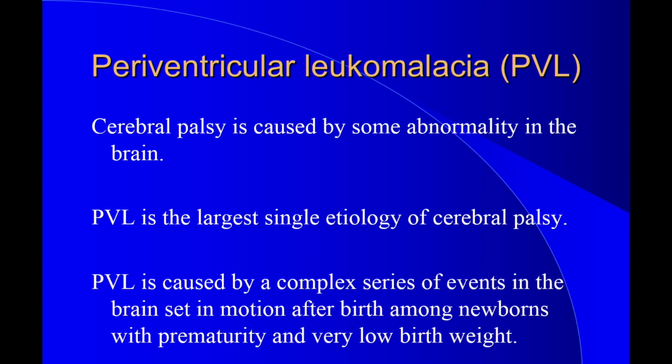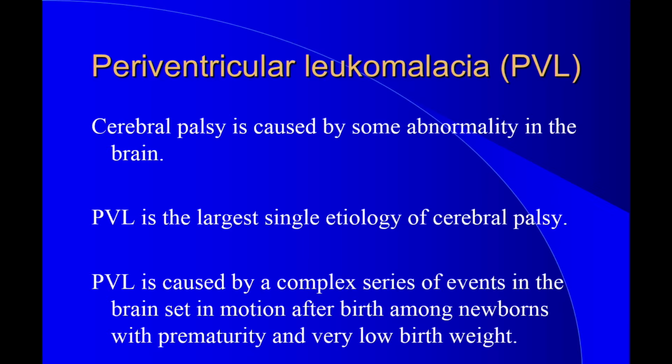Cerebral palsy is always caused by some abnormality in the brain, and the PVL is the largest single contributor to these challenges. It's the most common abnormality of the brain. It's really complex to understand and explain the mechanism of why periventricular leukomalacia occurs, but the newborn brain in children that are premature, weighing a couple of pounds, is very vulnerable in certain areas.